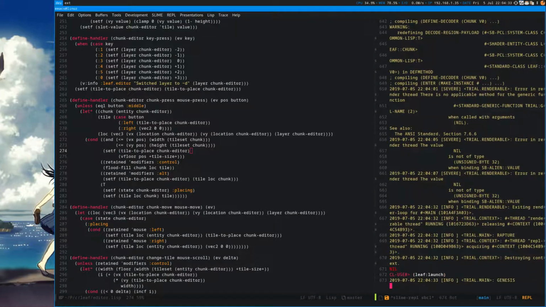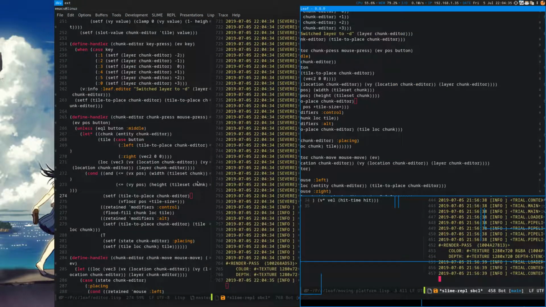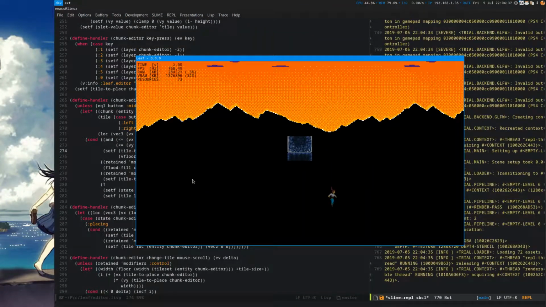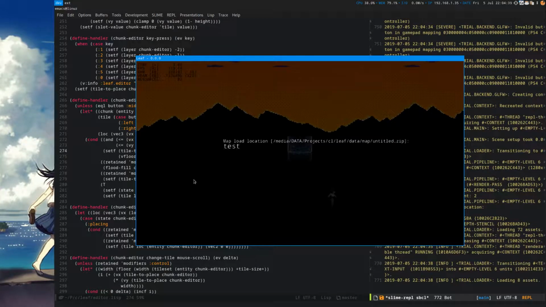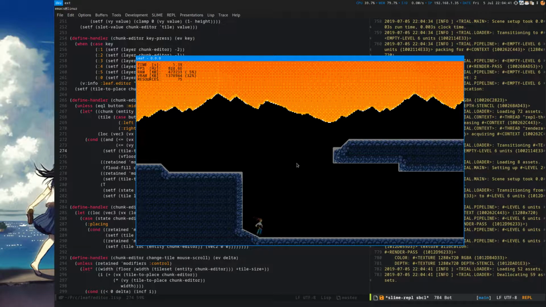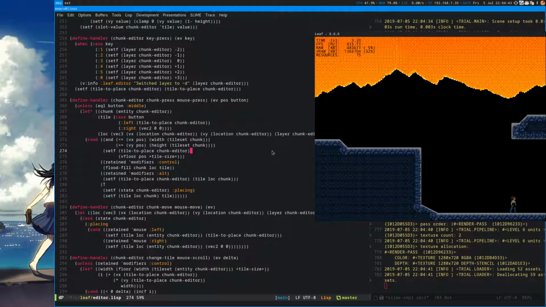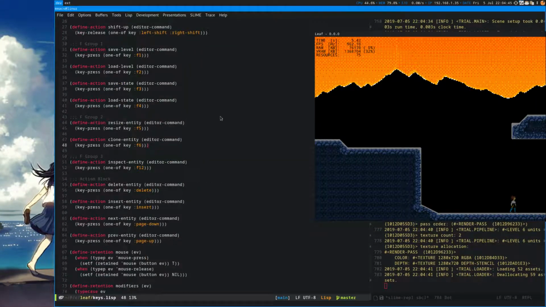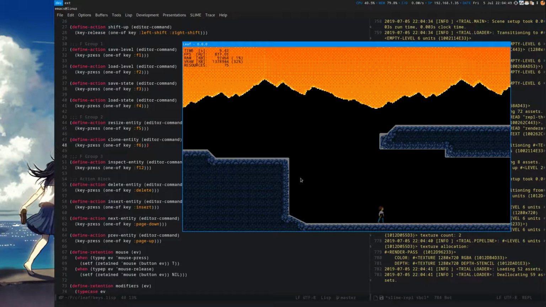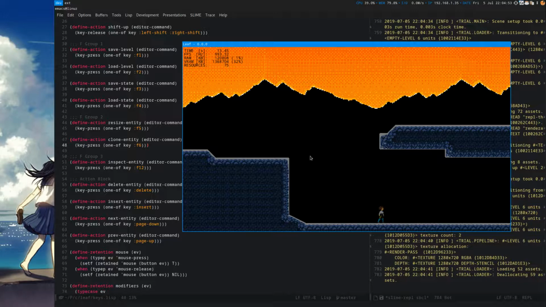Port update. Load that up. Enter test. Put that in. Okay, what was the button? Resize, clone, inspect, insert. Well, isn't that reasonable?